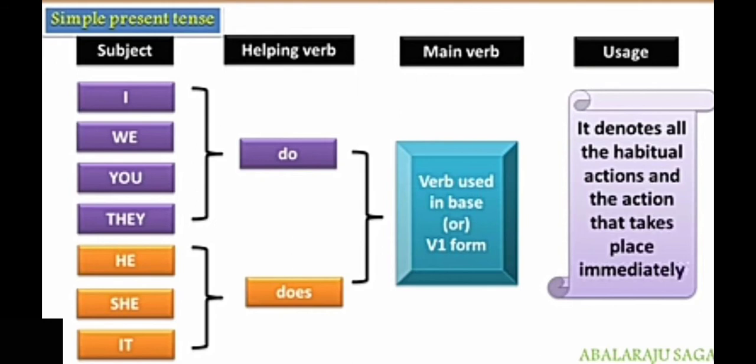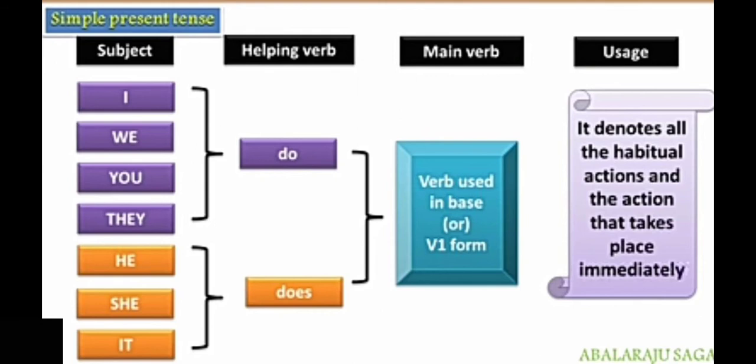And he, she, it are third person singular. Helping verb. There are 2. One is do and one more is does. Do is used for first person and second person, and does is used for third person singular form.